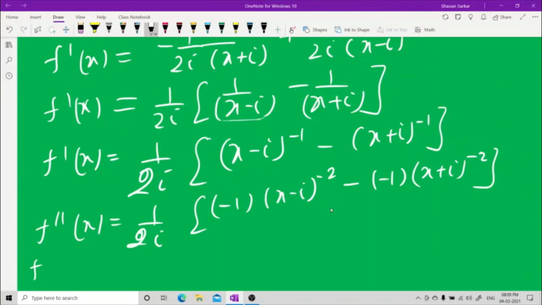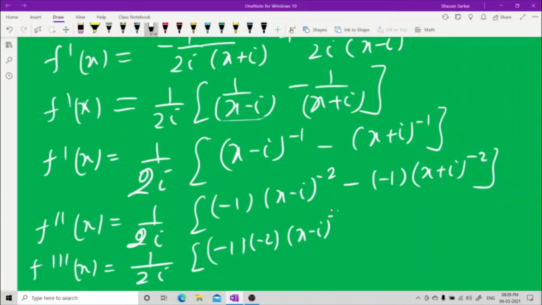Take the third derivative of this. Third derivative: 1 by 2 iota, minus 1 times minus 2, x minus iota to the power of minus 3. Then this minus as it is, minus 1 times minus 2, then x plus iota to the power of minus 3.